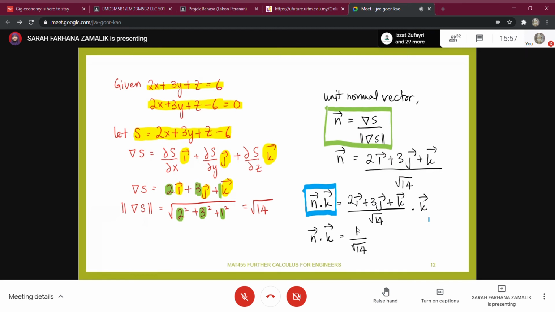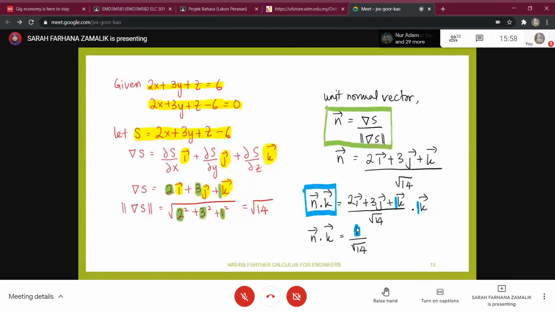So make sure bila kita buat dot product, kita cari value, okay? Dia dah tak jadi vector. So 2 multiply with, tak ada pun vector I untuk sebelah kanan ni. So yes, 0. And then J pun sama, tak ada yang awak boleh multiply. So hence 0 plus. For K here, yes ada K. 1K vector. So ada lah kat sini, 1 dengan 1. So that's why you get 1 here.